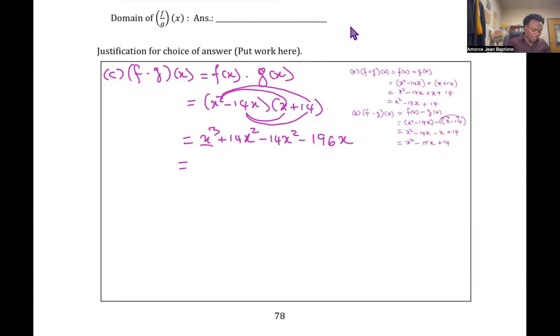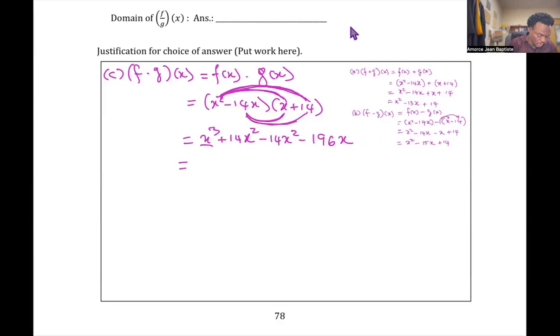Negative 14x times x, negative 14x squared.